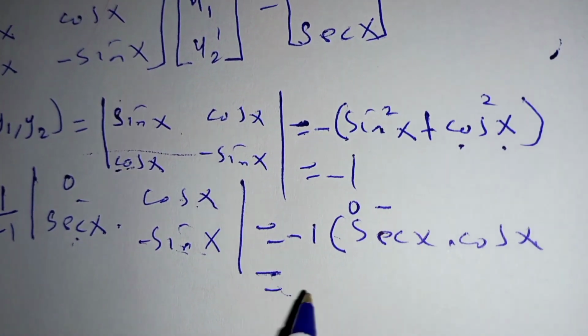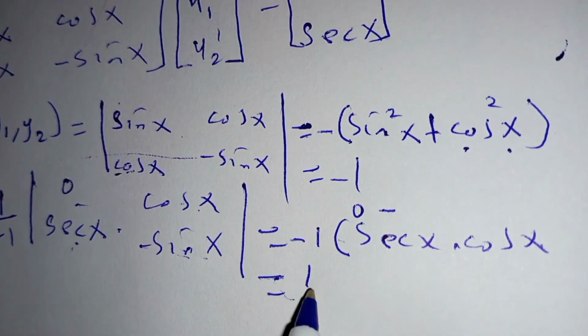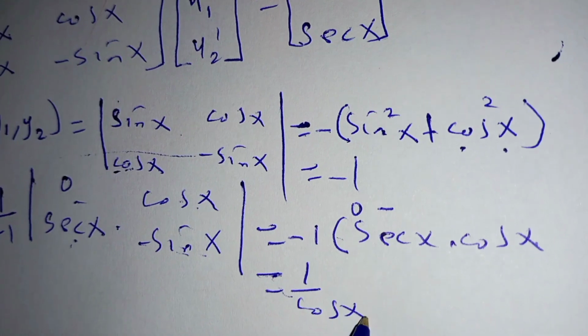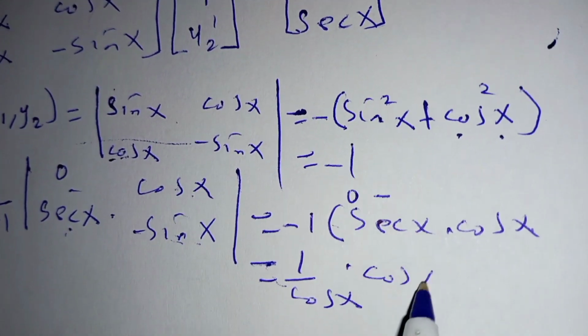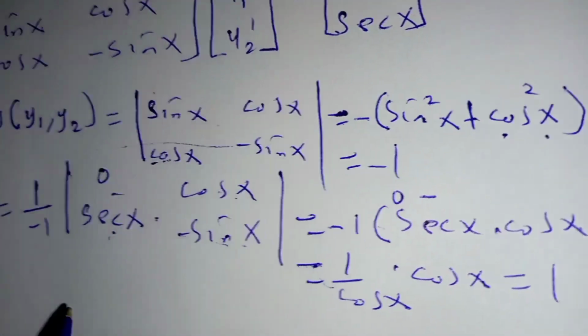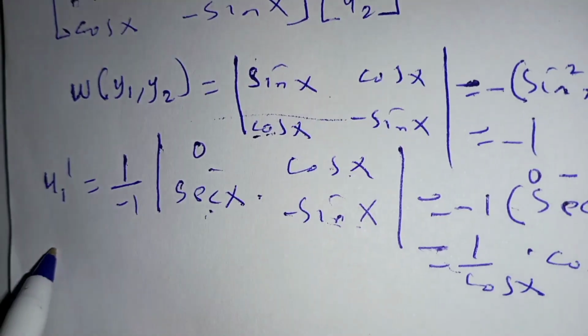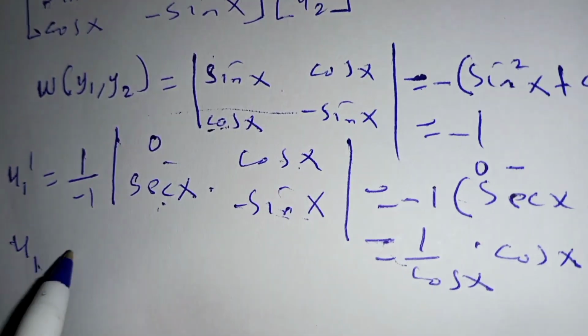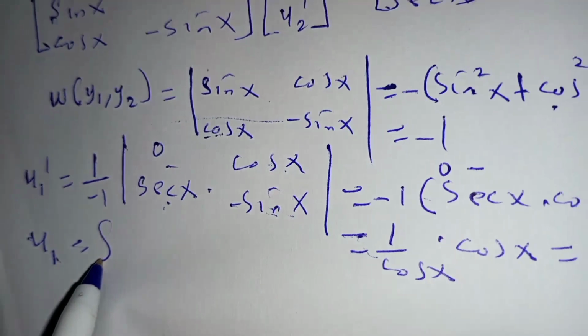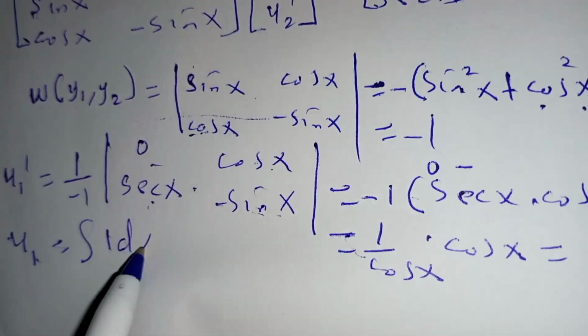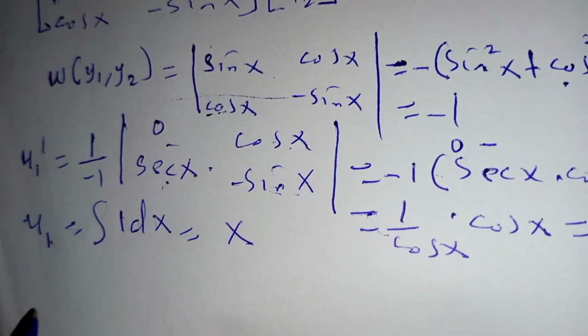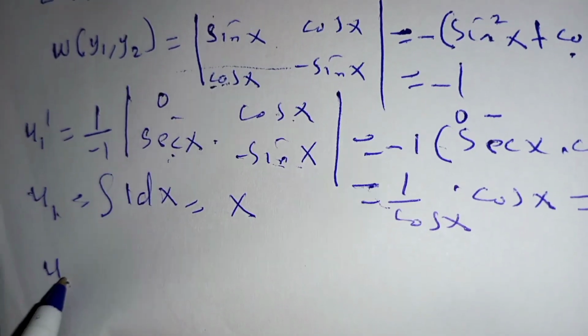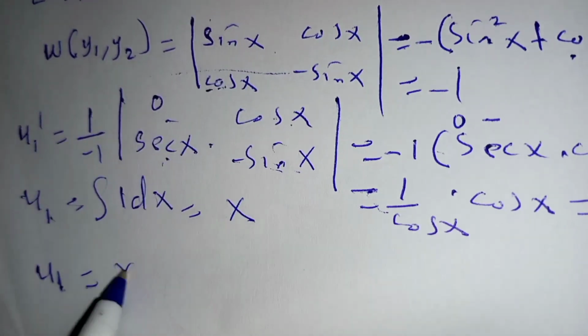This is equal to 1 over cos of x multiplied by cos of x, which is equal to 1. So our u1 is equal to the integral of 1 dx, which is equal to x.